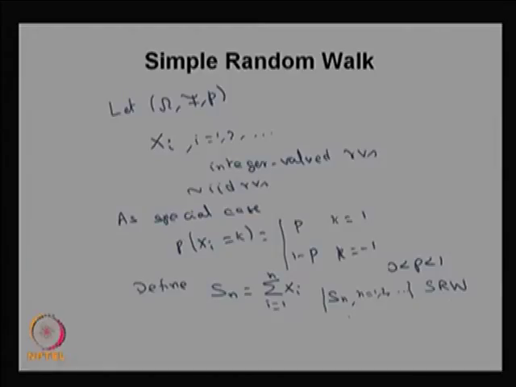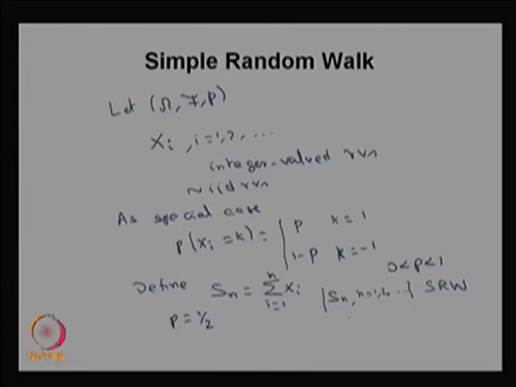In general, the step k can take any integers. Accordingly, you will end up having Sn as a random walk. I am going to give another special case, when p is equal to 1/2.